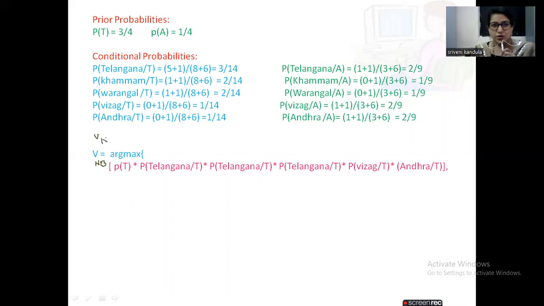As we already know, V_NB is the Argmax over v_j belonging to the two target labels, T and A, of P of v_j, that is the prior probability, multiplied with the product over i belonging to positions of P of a_i, which equals w_k given v_j.